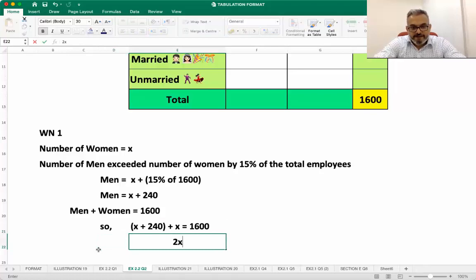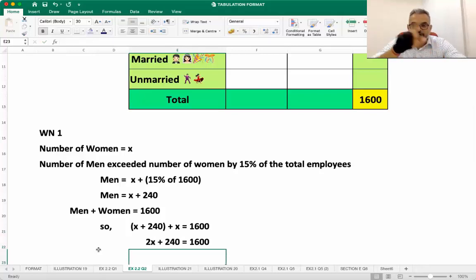So 2X plus 240 is equal to 1600. 240 from LHS will go to RHS.